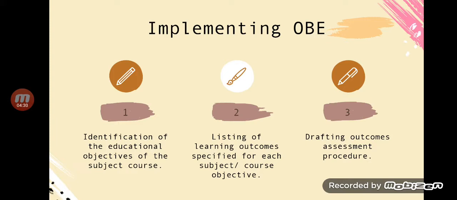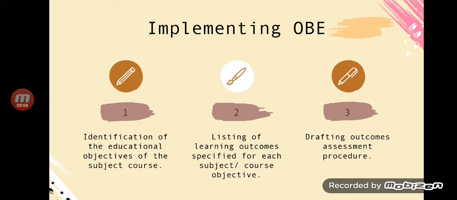And lastly is the affective domain, which is also known as the attitude, which refers to the growth in feelings or emotions from the simplest behavior to the most complex, such as receiving, then we have responding, then valuing, and then organizing, and lastly is internalizing. Okay? That is what we call characterization.